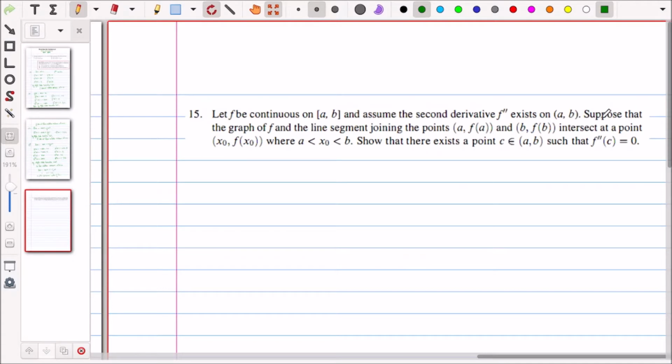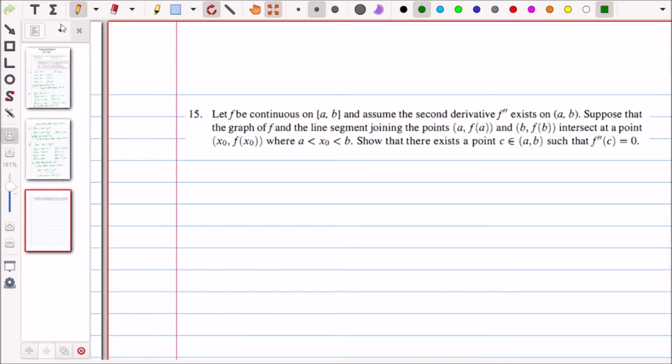We also suppose that the graph of f and the line segment joining the points (a, f(a)) and (b, f(b)) intersect at a point (x0, f(x0)), where a is less than x0 less than b. Show that there exists a point c belonging to (a, b) such that the double derivative at that point is 0. So we have to find a point at which the double derivative of the function is 0.